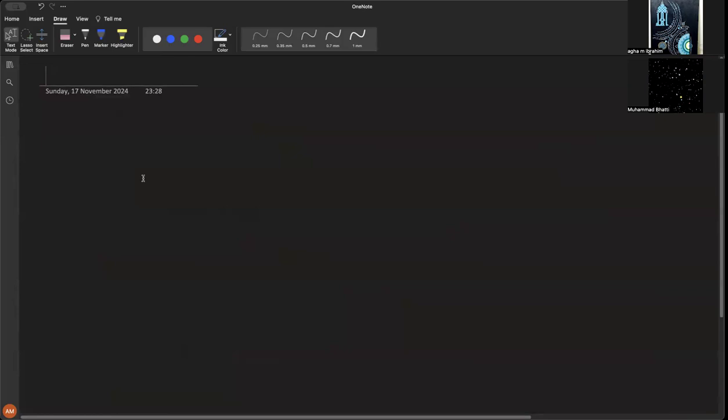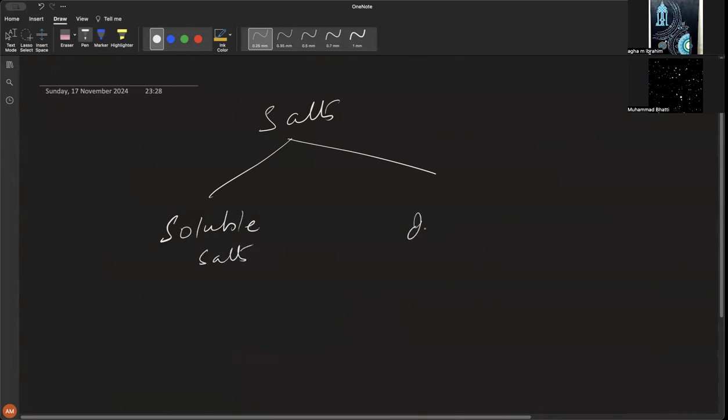The salt preparation would be left. That is the one part. We'll just quickly go through this distinction of salts. Salts we have already talked about can be divided into two: soluble salts and insoluble ones.